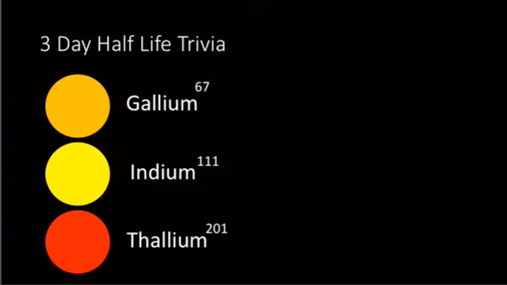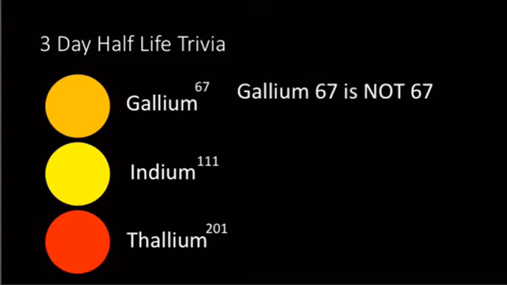Then I go through the following mental exercise. You could write this down. Gallium-67 is not 67. 6, 7, 8 instead. So 6, 7, 8, 78. Gallium has a half-life of 78 hours.